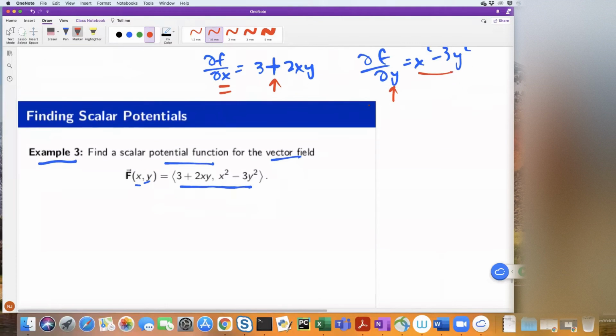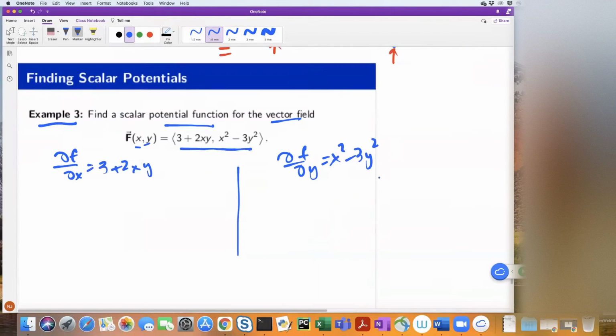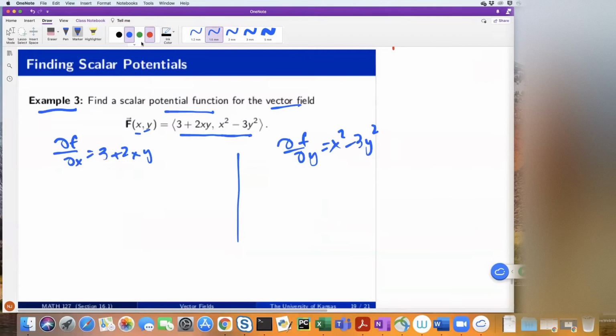So I'm starting from this section, and I'm carrying both of them at the same time. The partial with respect to x is the first one, the partial with respect to y is the second one. I do the antiderivative of the partial with respect to x, and then what do I get?